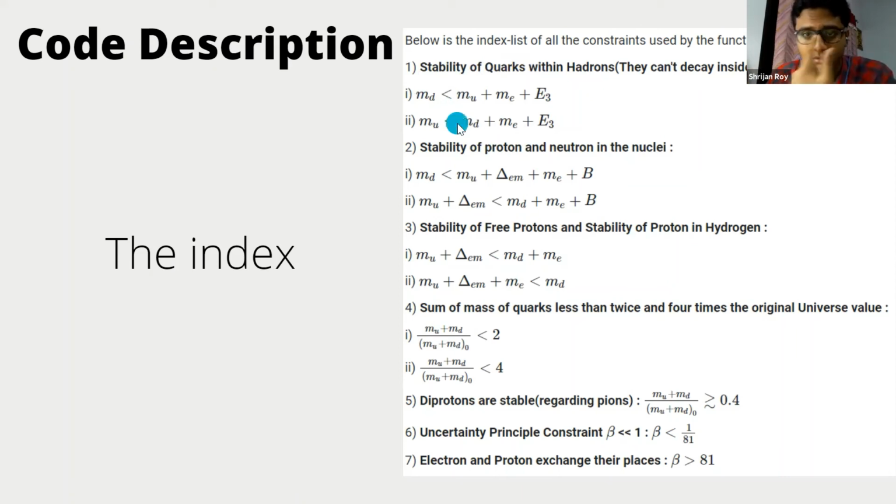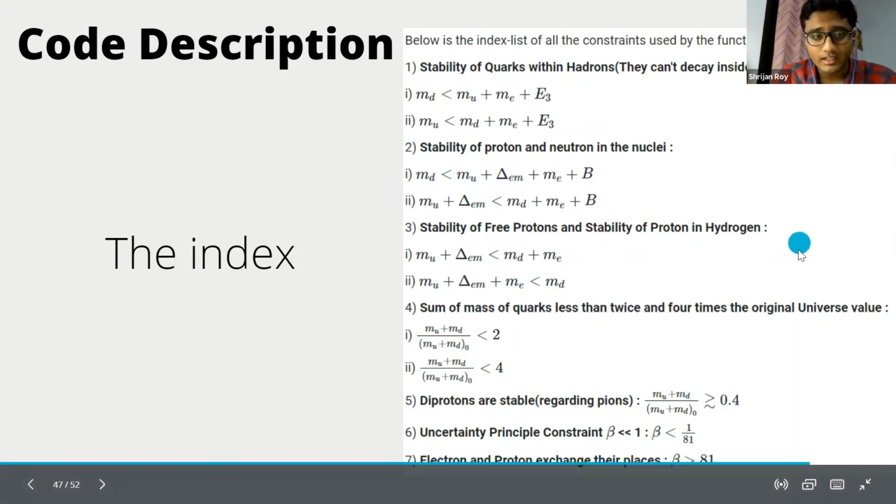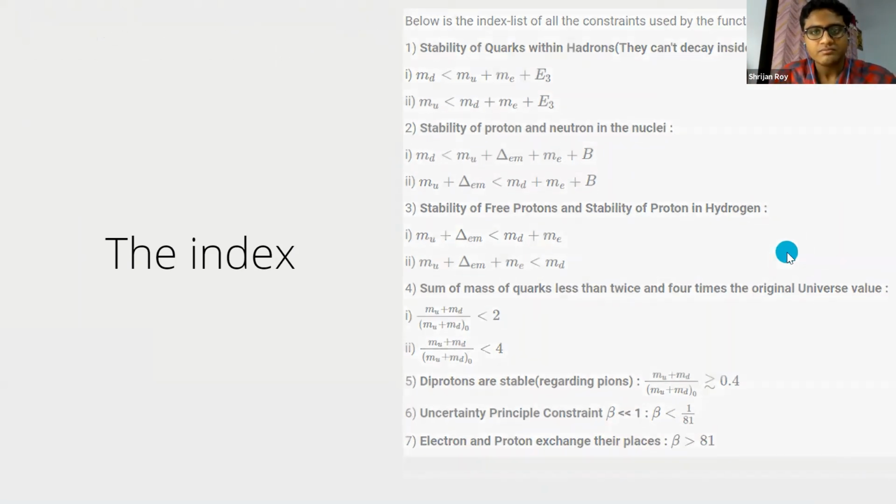If you remember, we considered Fock-ability, that protons may not convert into a symmetric state and neutrons may also not convert into a symmetric state. These two constraints are labeled as one and two, and in that way we have about 35 to 40 constraints, with some sub-constraints. This is the index list; you may remember it for later.